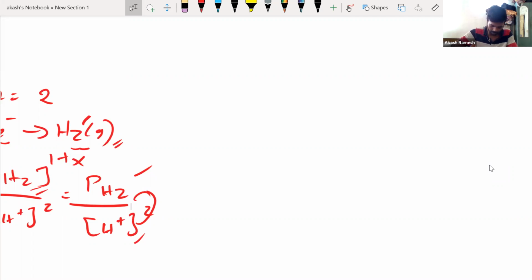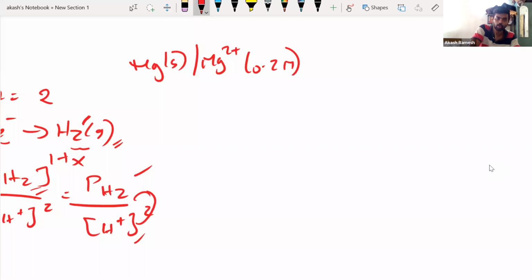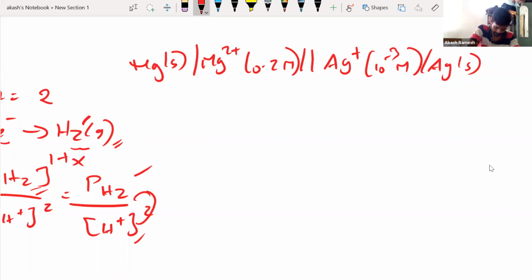Okay. A simple question like this is coming to you, right? They have given this cell representation: Mg solid, bar Mg2 plus 0.2 M, double bar Ag plus 10 power minus 3 M, bar Ag solid.